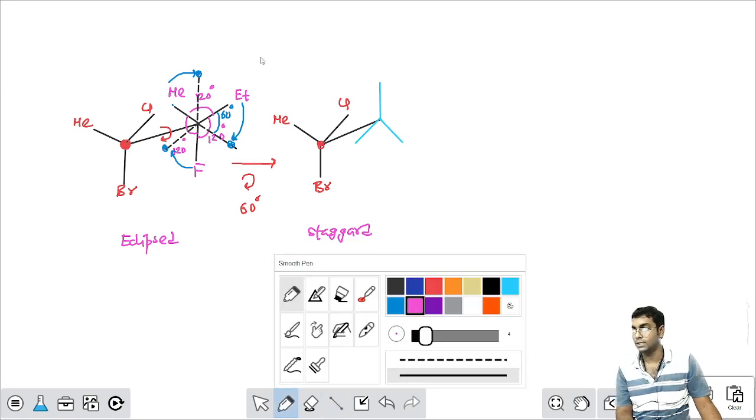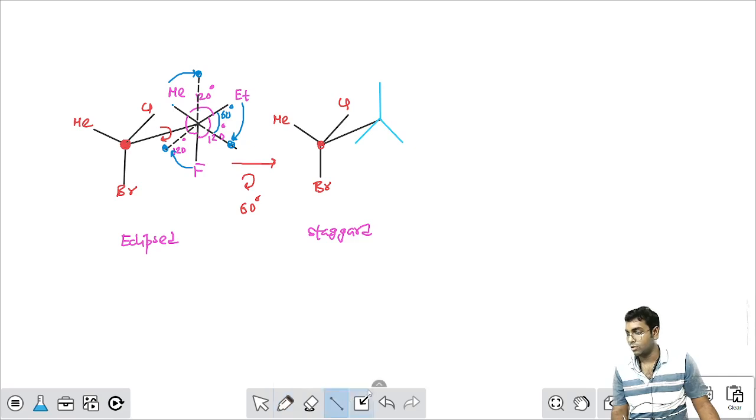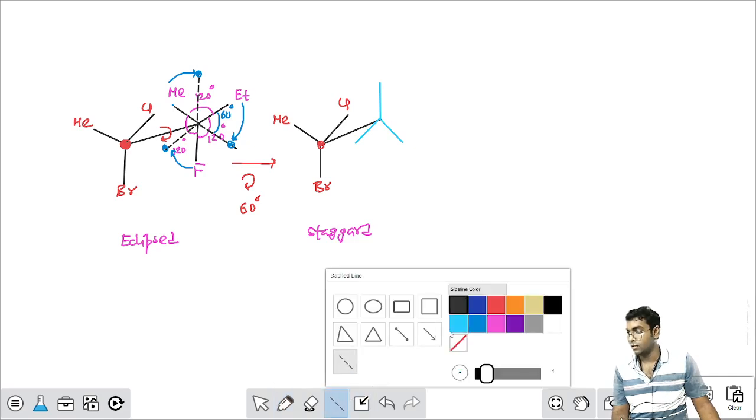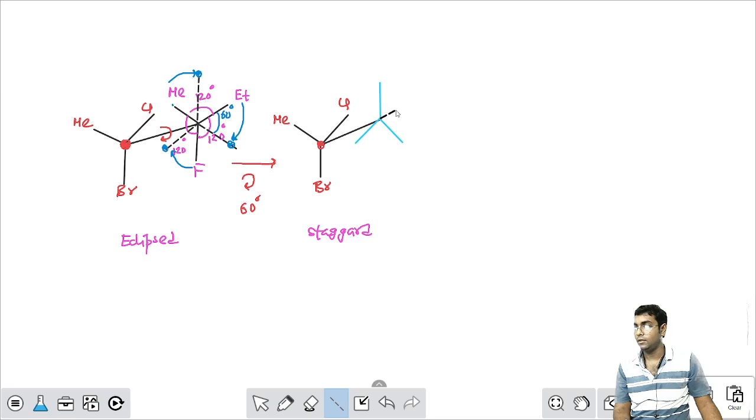So let's see the substituents. Ethyl was over here. Let me draw the previous one as well. Initially in the eclipsed form, the groups were over here, right? In this position there was ethyl, in this position there was fluorine, and in this position there was methyl. But upon rotation of 60 degree clockwise, it will come in this way.